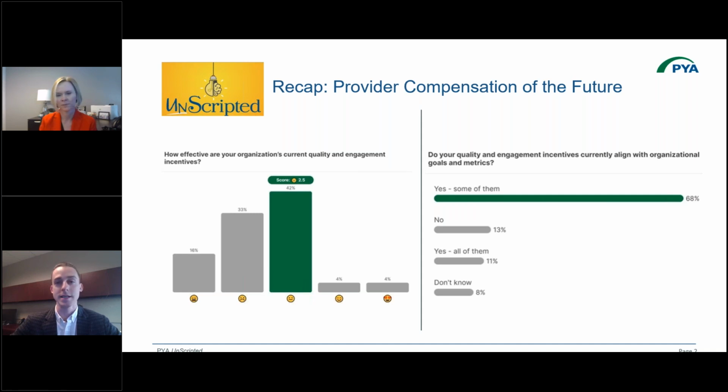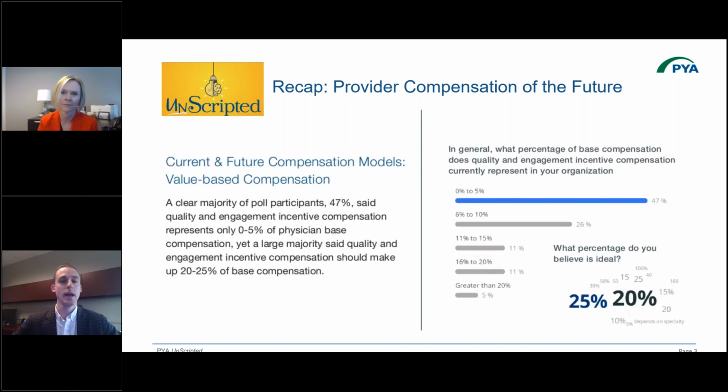Most of them are displeased, or I don't want to say distraught, but that far left emoji. That's how that one looks. A little bit more positive, this question on the right, we asked if quality and engagement incentives align with organizational goals and metrics, and about 2/3 said yes, some of them. So that's a little bit brighter on that note.